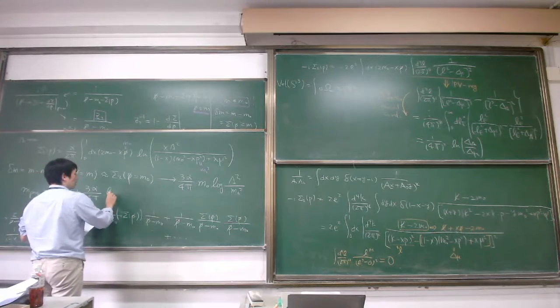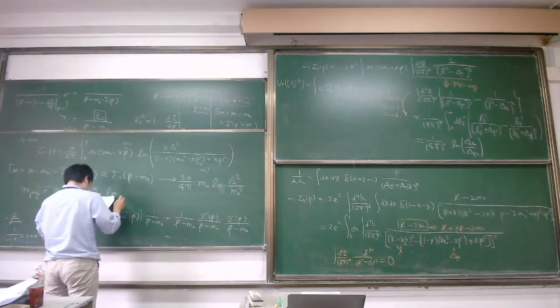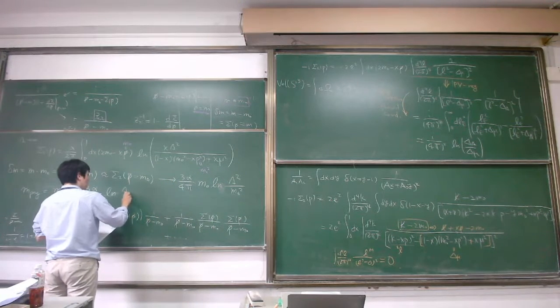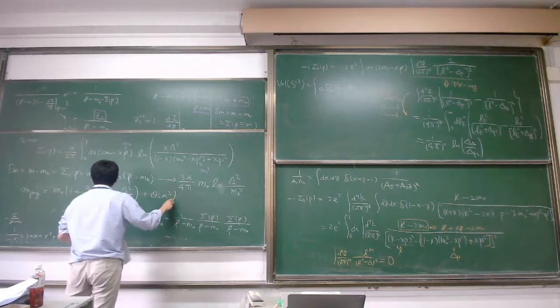I mean, okay, look: ln, just natural log lambda squared, plus order alpha squared.